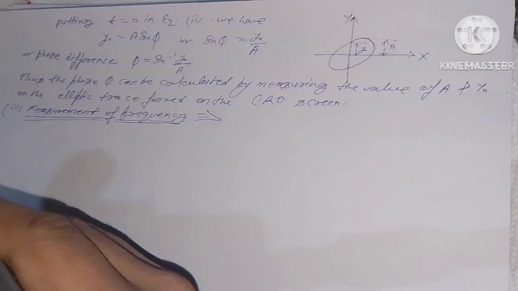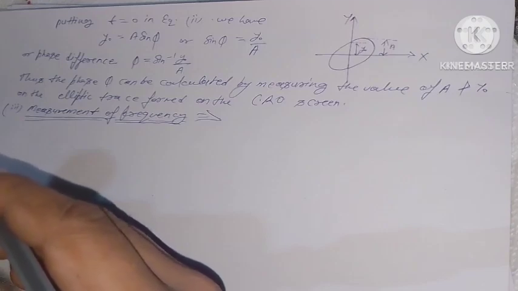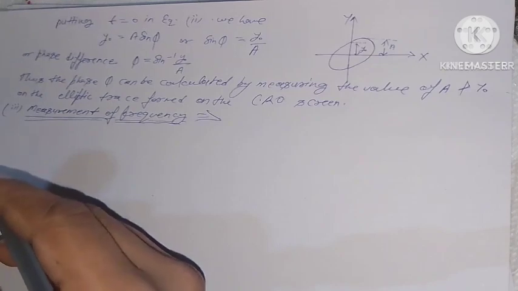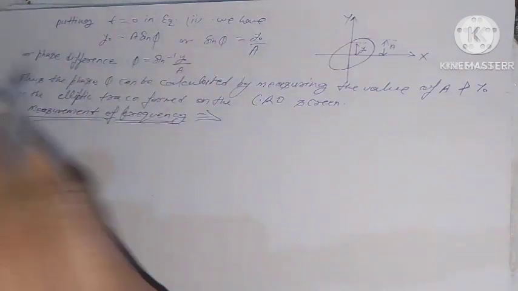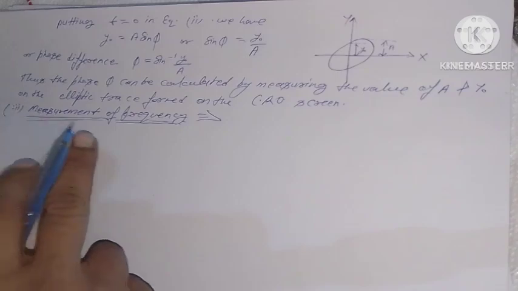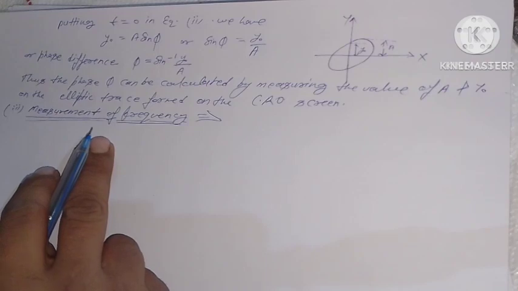This is done by obtaining Lissajous figures on the C.R.O. screen by connecting the standard frequency oscillator to the vertical deflection plates Y1, Y2, and the unknown frequency source to the horizontal deflection plates X1, X2. It is assumed that both the oscillators execute simple harmonic motion.